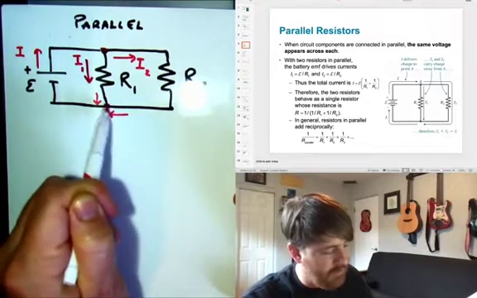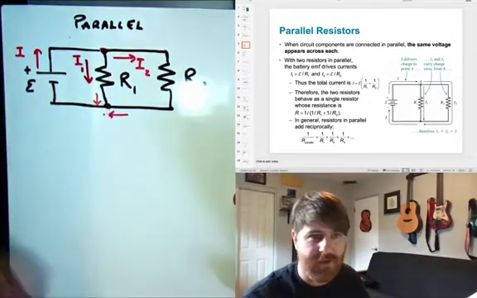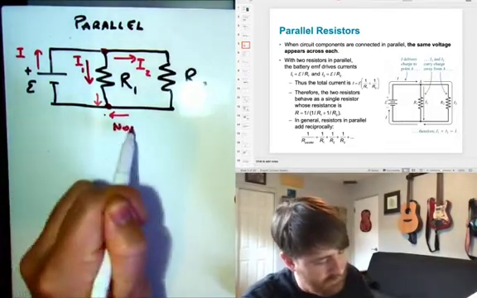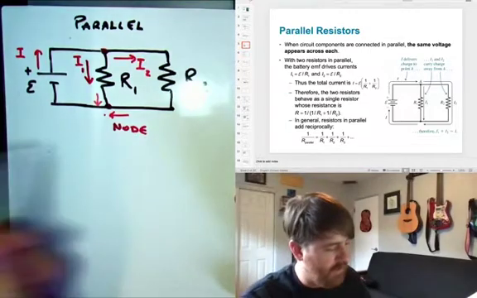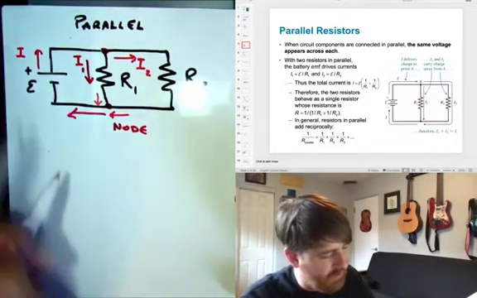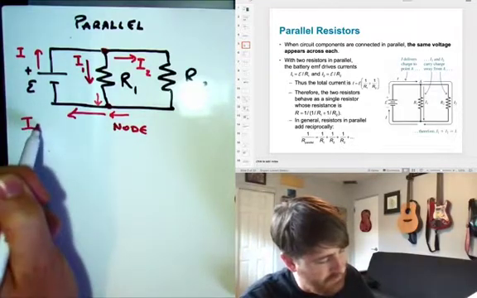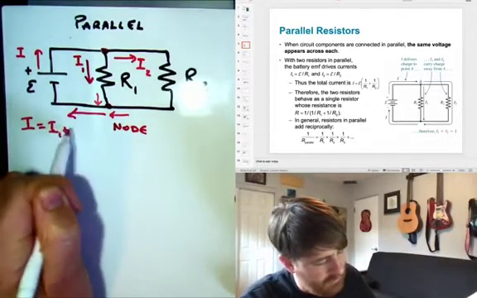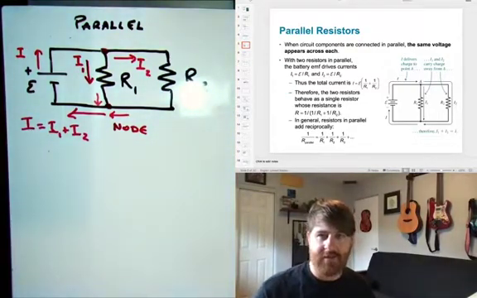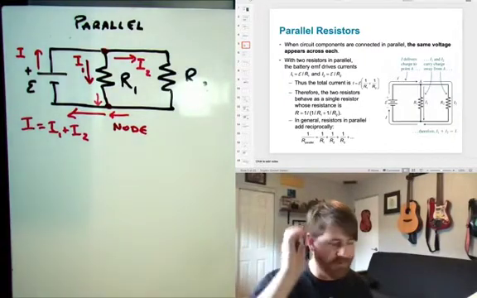These points where there's an intersection of 3 or more wires are called nodes. So when we have a node, then those combine back, and now we've got this current again, I, which is I1 plus I2. So in a parallel circuit, all of the current doesn't stay together. Some of it flows one way, and some of it flows another way.